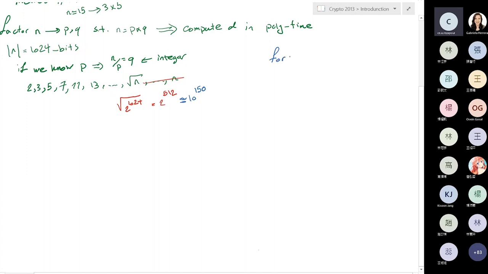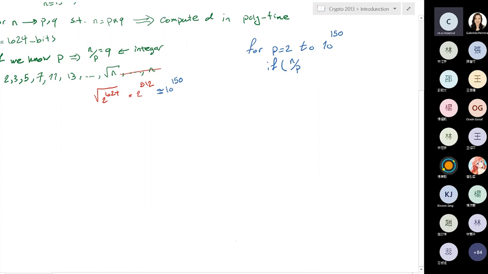I can say that for p equals 2 to 10 to the power 150, check if n divided by p is an integer, and if it is so, just return p.